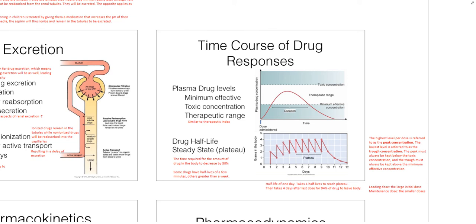And that's based off of a drug half-life. So a half-life is the time required for the amount of the drug in the body to decrease by 50%. Some drugs have a half-life of a few minutes, some have a half-life of more than a week. And so the greater the half-life, the longer that drug is going to last in the body, causing some kind of an effect.